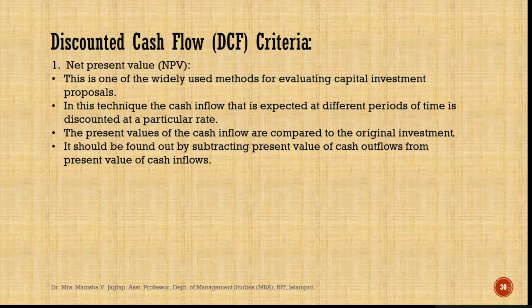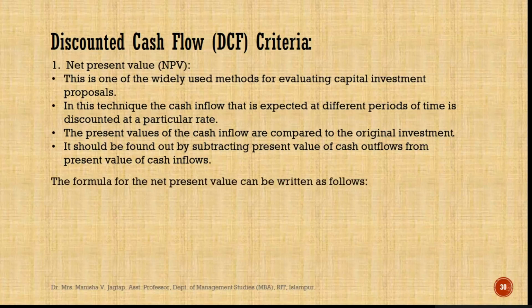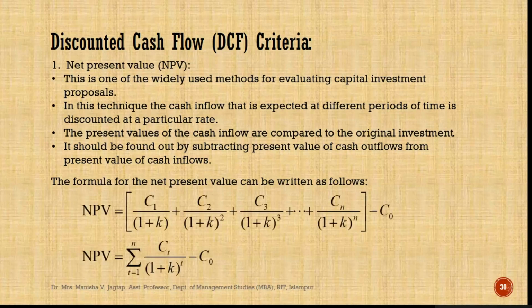The present value of cash inflows are compared to the original investment. It should be found out by subtracting present value of cash outflows from present value of cash inflows. So the formula used for net present value can be written as follows.